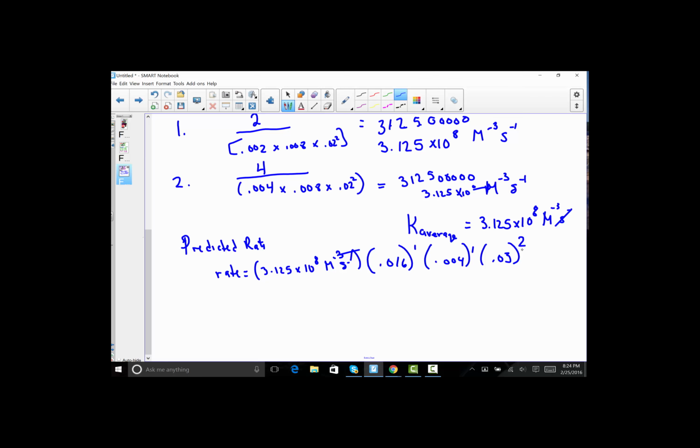Let's hit that out. I have that number for K still on my screen. So K times 0.016 times 0.004 times 0.03 squared, and my rate is 70312.5 molarity per second, my relative rate.